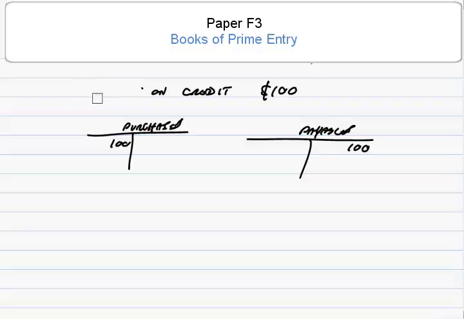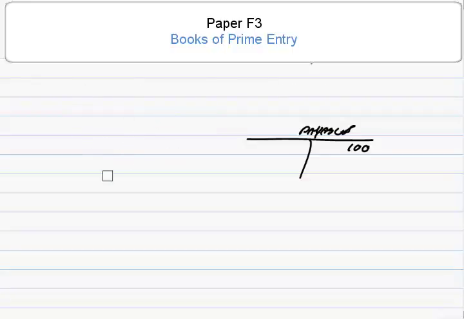Now the books they'll use, in practice there can be all sorts of books, but there are certainly 4 main books involved, because there are 4 main types of transactions. The 4 main types of transactions the bookkeeper will see: you'll receive cash, pay cash, buy goods on credit, sell goods on credit.